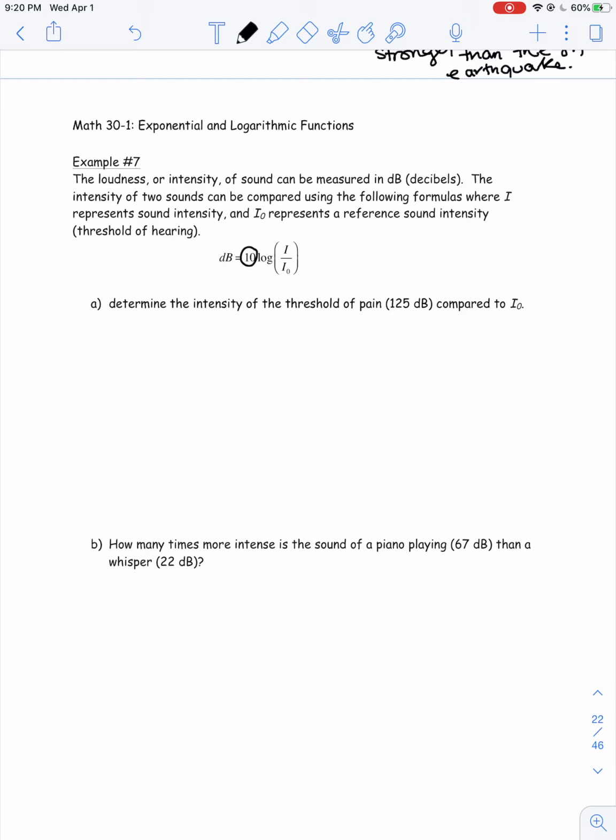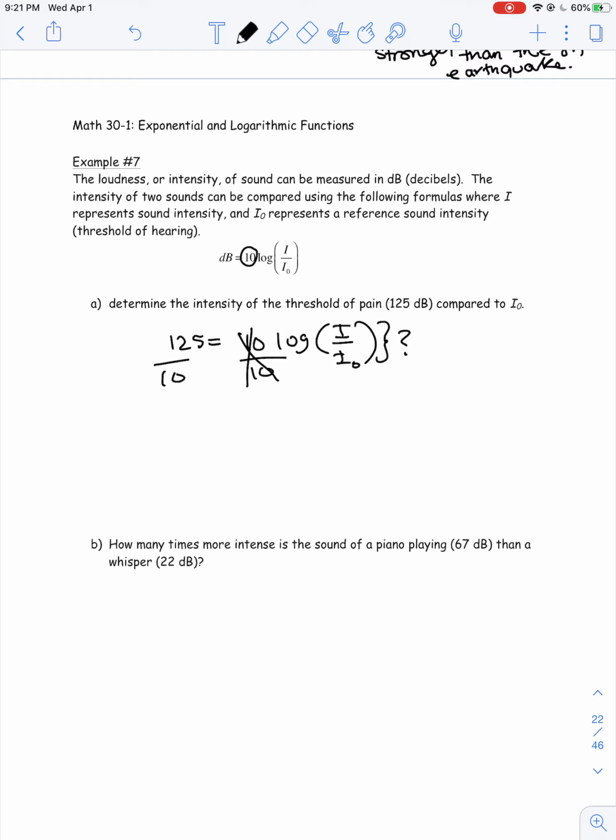We want to determine the intensity of the threshold of pain of 125 decibels compared to I0. They're giving us the decibels, so we're going to have to go 125 is equal to 10 log of I over I0. What we're trying to find is this. So step 1, always divide your decibels by 10. That's a little trick you'll have to remember when it comes to sound.